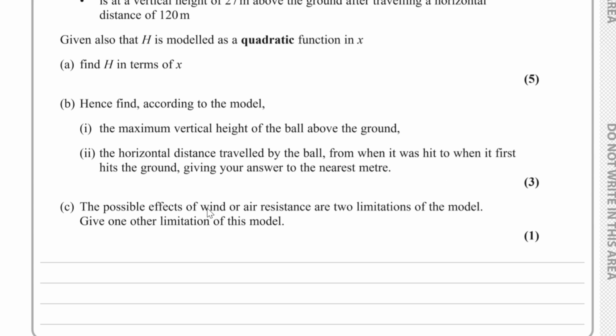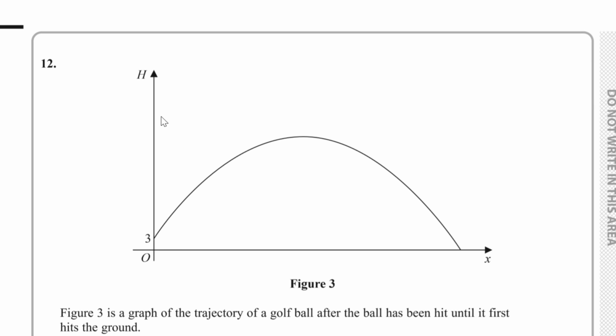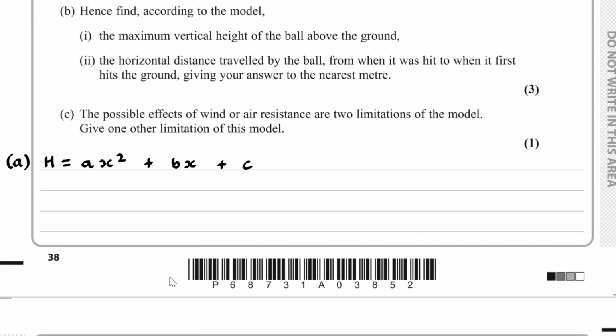Well, if h is a quadratic in x, what we can say then for part A is h equals ax squared plus bx plus c. And what we need to do is find out what a, b and c are. Now if we take a look at the h-axis, when x is 0, h is 3.